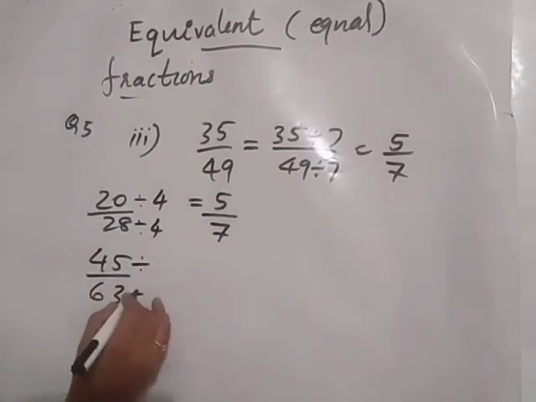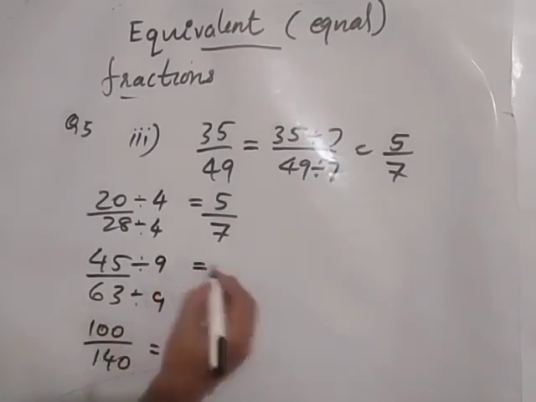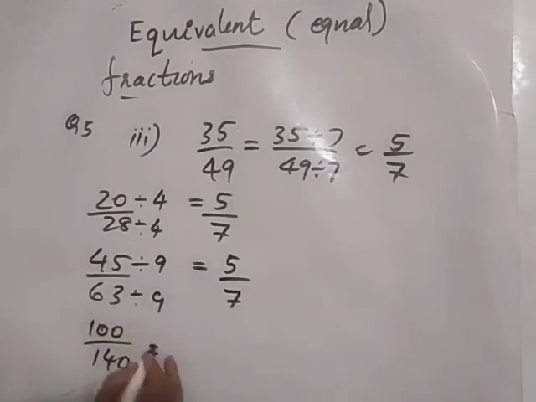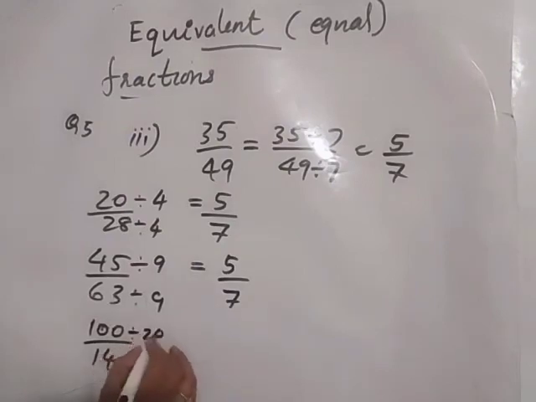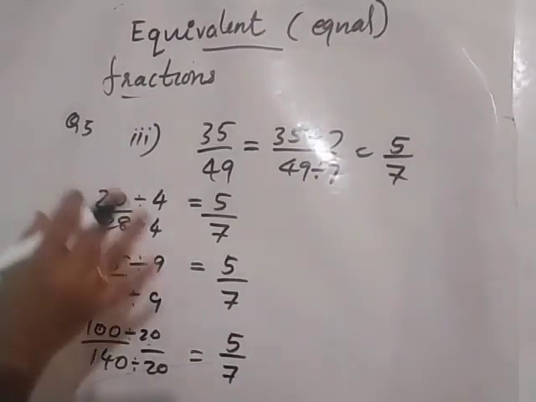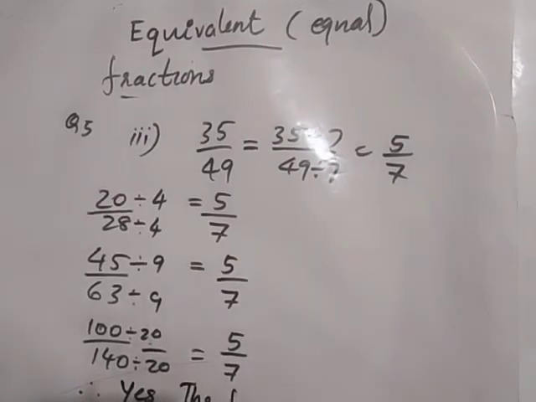And these two have highest common factor 9, giving 5 and 7. And 100 and 140 are divisible by 20. 20 is the highest common factor, giving 5 by 7. So all the lowest terms of the given fractions are the same, 5 by 7. Therefore, yes, the fractions are equivalent.